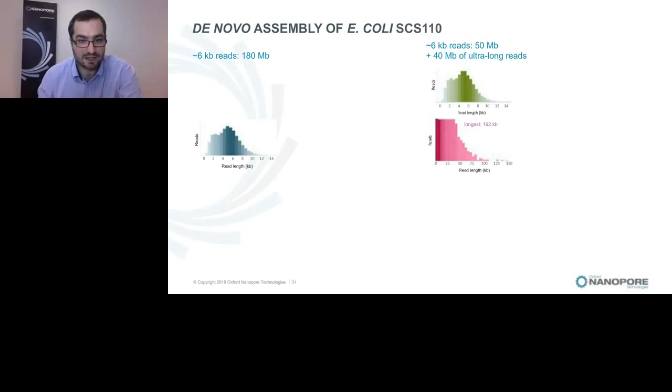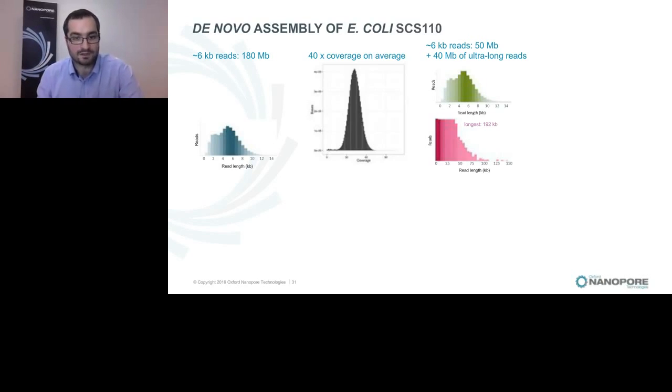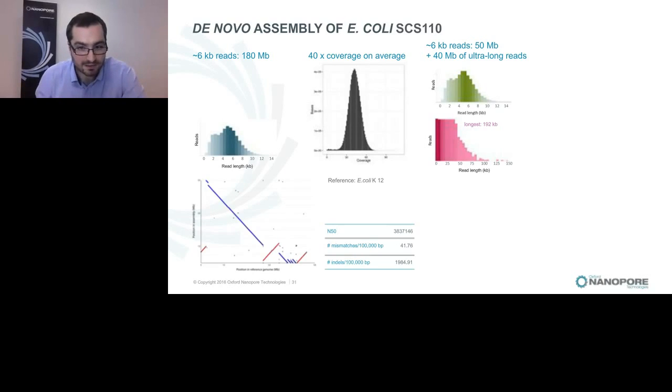So we took 40x coverage of the 6 kb data. We put it through PBCR and Dismember correction and fed the reads into the Celera assembler. This assembled into several contigs.